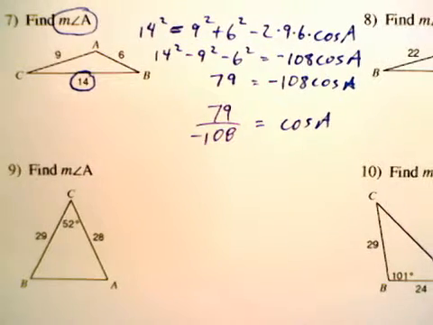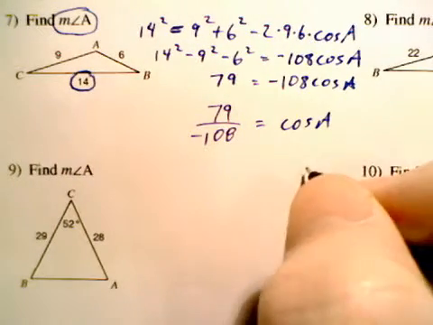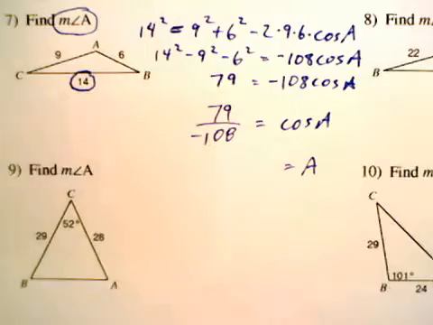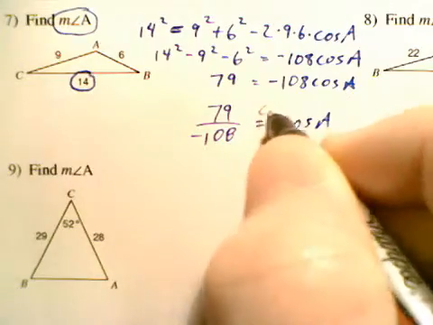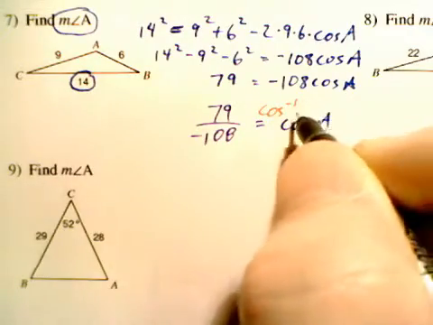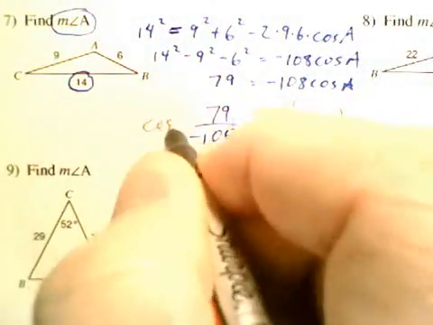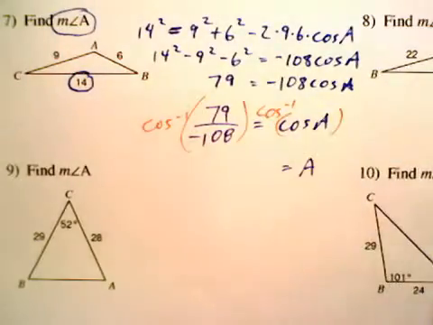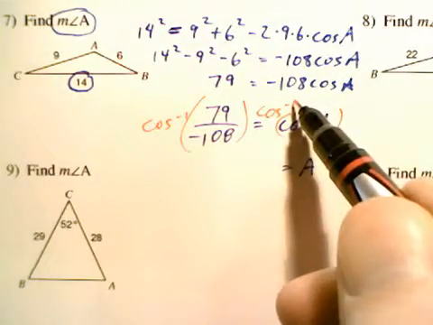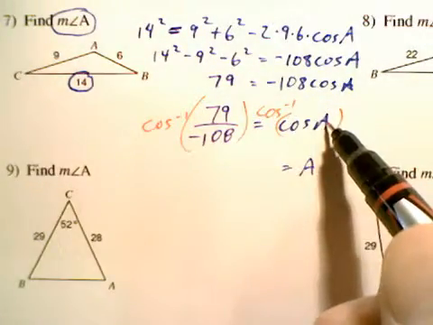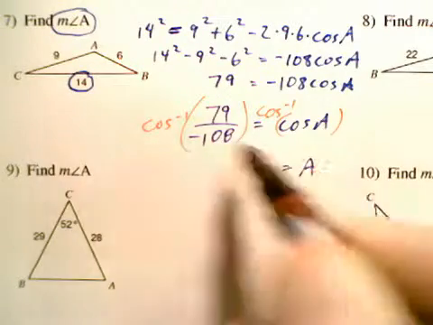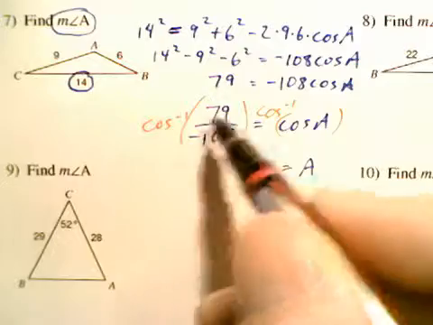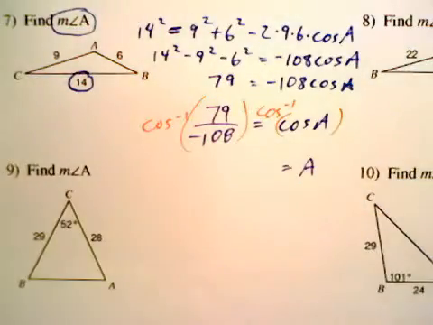That means if we take the inverse cosine of both sides, we know that the inverse cosine of the cosine of A is equal to A. So let's type in the inverse cosine of 79 over negative 108.